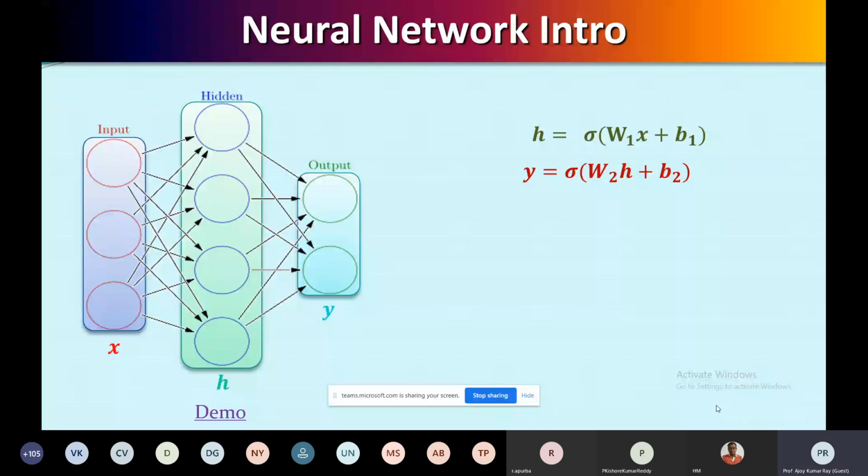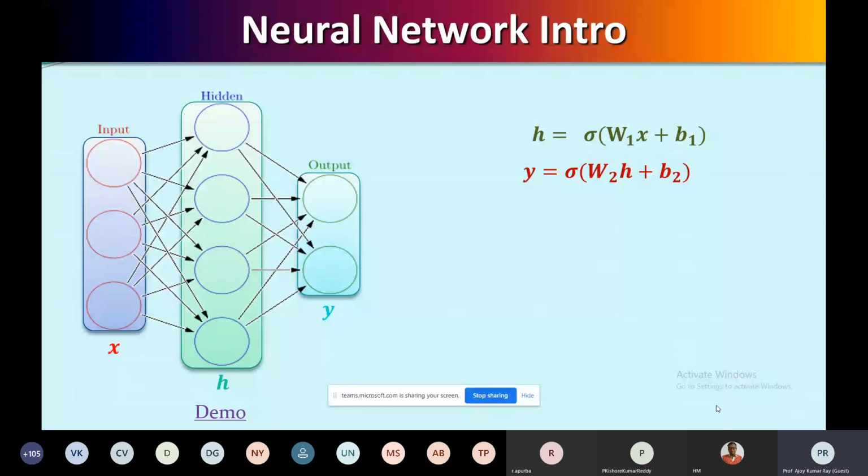But then, assuming that there are n number of inputs and m number of outputs, equivalent to the number of classes. In between, we have kept a series of other neurons which are known as hidden neurons. So one is the input layer neurons, one is the output layer neurons. The middle layer is known as hidden layer neurons.